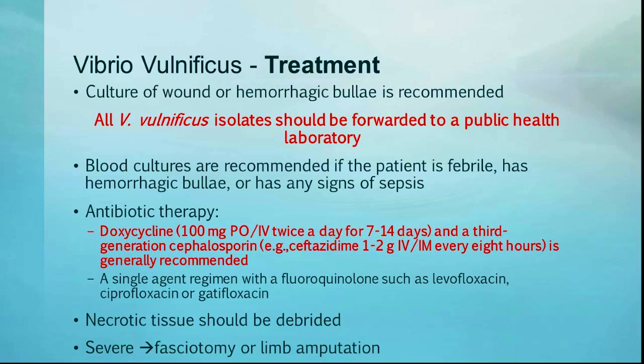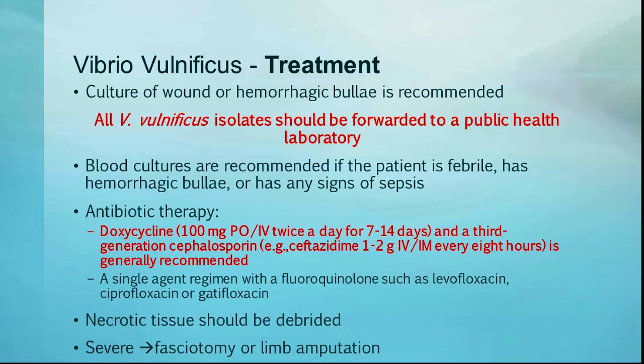The antibiotic that we usually recommend is doxycycline, and you should use, in addition to doxy, a third-generation cephalosporin. You can also use a fluoroquinolone, but I would just prefer the doxy and a third-generation cephalosporin.